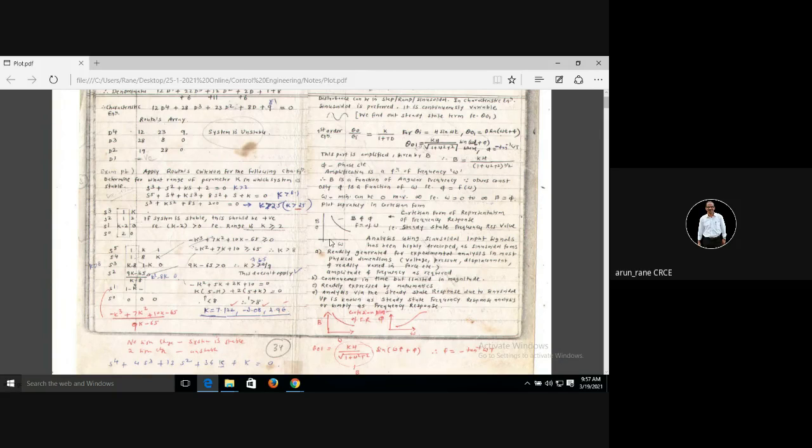If it is a Cartesian plot, then you have to have two graphs, that is B against omega and phi against omega. So how do you plot this? B is equal to this, and phi is equal to this, right?